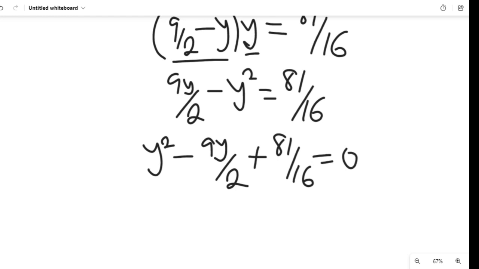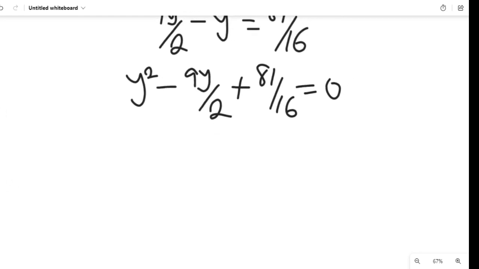Now, this is a quadratic equation, but I want you to note that it is more like a perfect square quadratic equation.